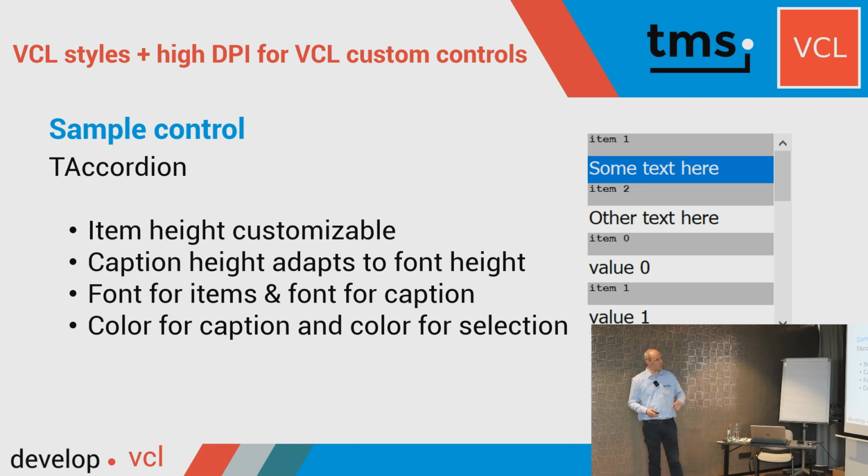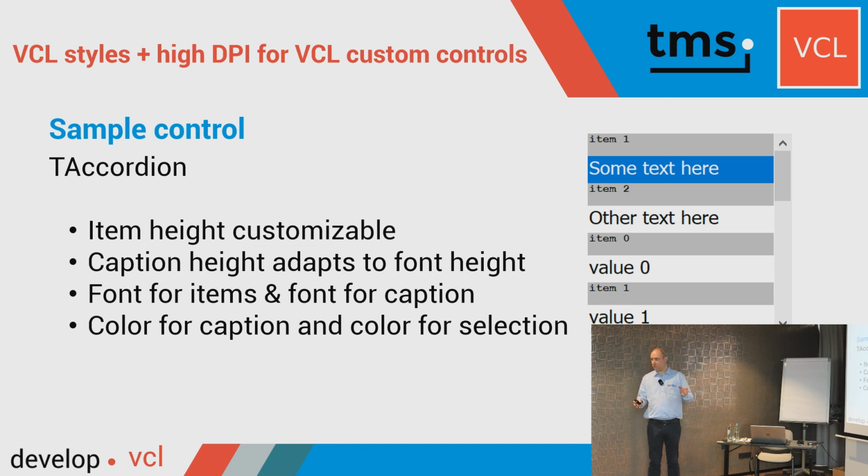The accordion control is a control that consists of items, as you can see, item 1, 2, etc. An item has a caption and some content, some text. The item height can vary.